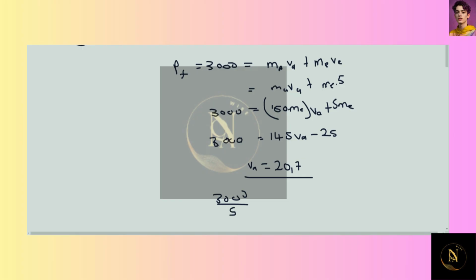This would need something like 600 kilograms of mass in order to arrest all the momentum. To give momentum in the opposite direction, you would need to account for this 3,000, and to get to 3,000, you need to lose 600 kilograms of mass.